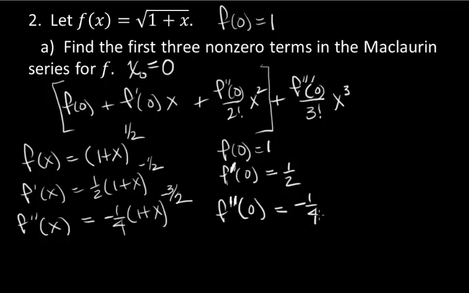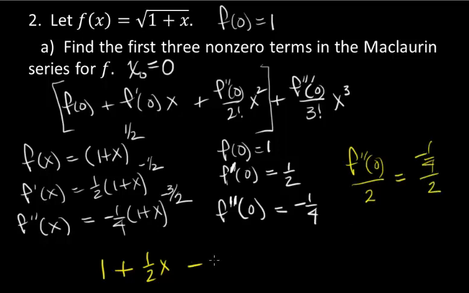I'm more apt to put something like this on the final than I would be that first question where there's a lot of simplification and arithmetic. This one's nice. Okay, so our answer: we just needed the first 3 terms, and once we have those derivatives, we have the coefficients. 1 plus f prime of 0, 1/2 times x, and now minus, f double prime of 0 over 2 is minus 1/4 over 2, which is minus 1/8, times x squared.